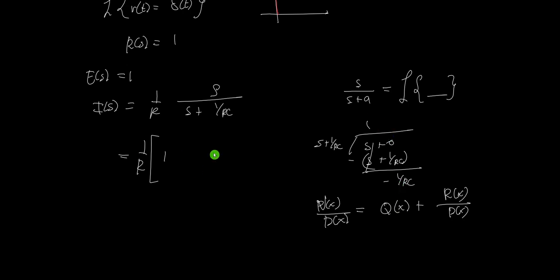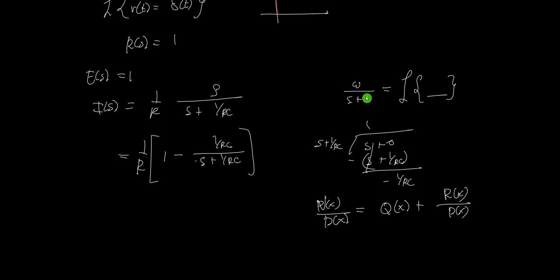Then we add the remainder, so minus, because we have 1 over RC, 1 over RC over s plus 1 over RC. And if you look at this one, this is a over s plus a, or omega. If we replace this, we can just use omega.